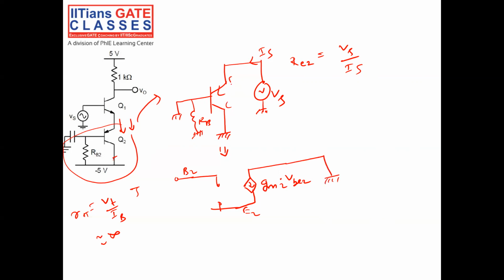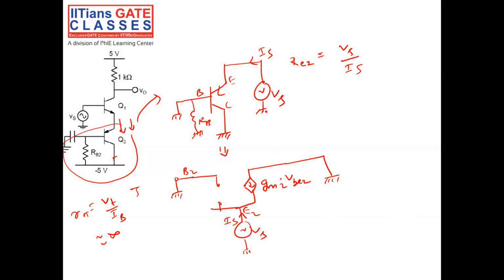Between emitter and ground, I have the voltage source Vs. Then I have to find out the current coming out of the source, Is. And base B2 is connected to the ground. Okay, very easy one now.